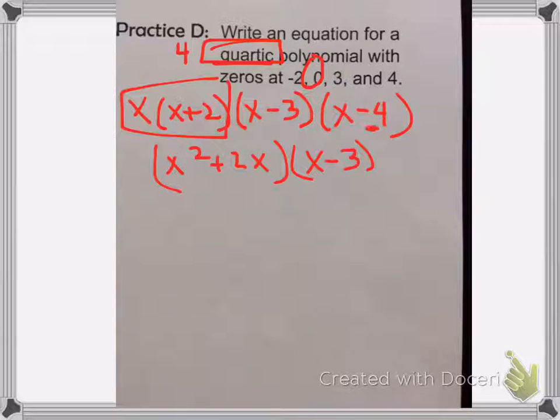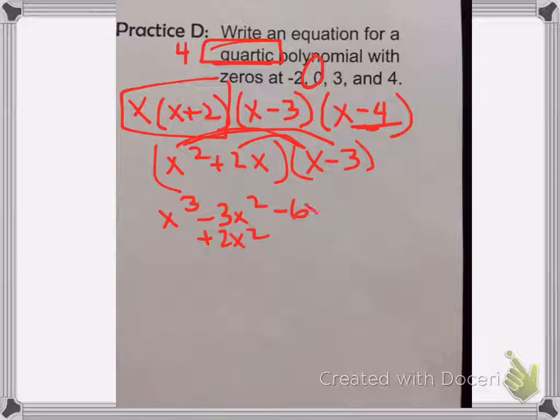And then we're going to save this one for a little bit later. So x squared times x is x cubed. x squared times a negative 3 is a negative 3x squared. 2x times x is 2x squared. And 2x times negative 3 is a minus 6x. We're going to combine those together to get x cubed minus x squared minus 6x.